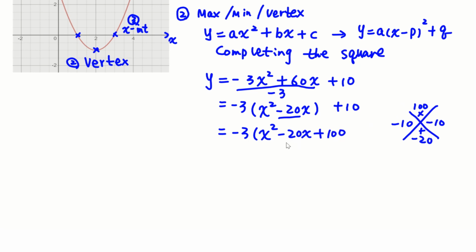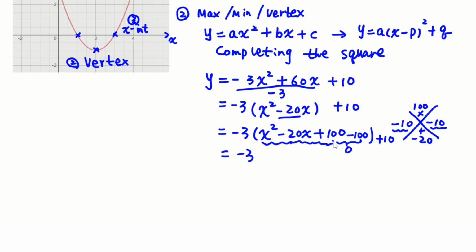The two numbers that multiply to 100 and add to negative 20 are negative 10 and negative 10. In the bracket we don't have a constant, so we are going to plus 100 minus 100, which gives you 0, then plus 10.